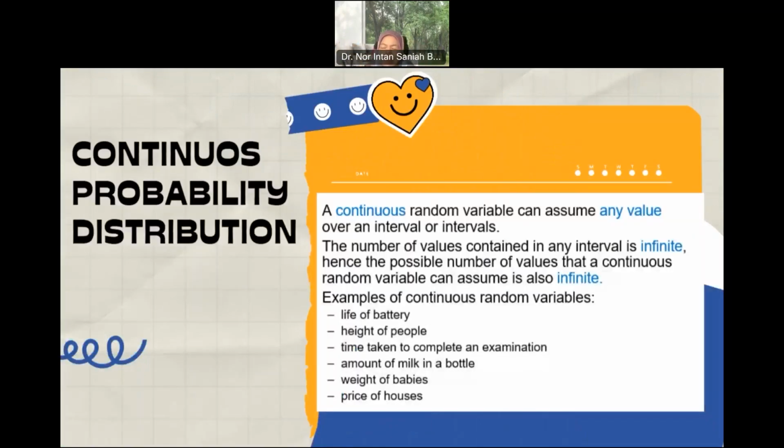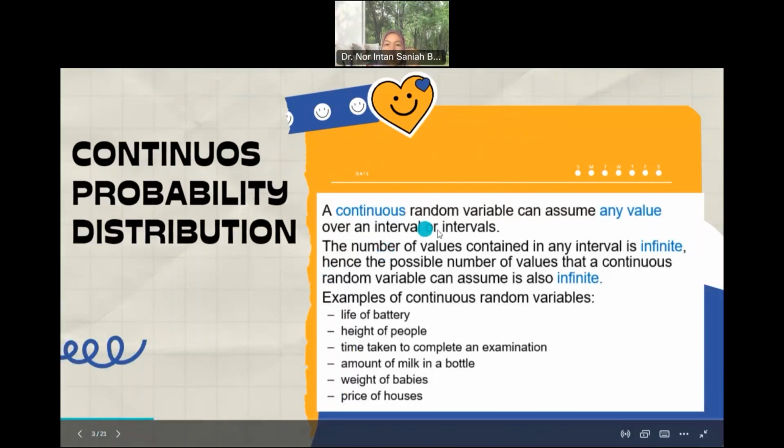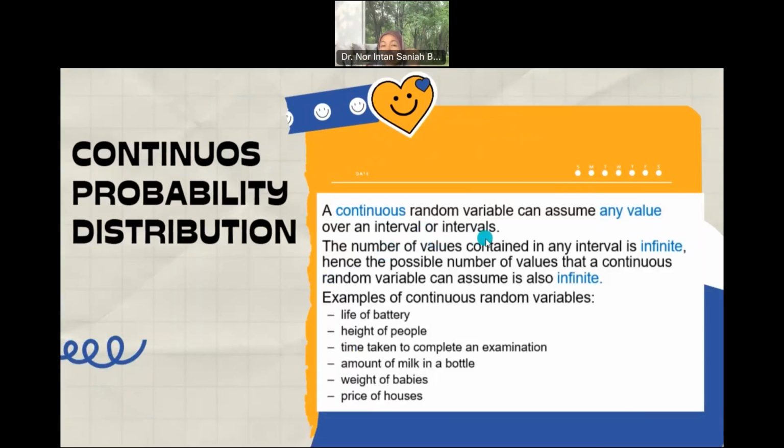As I mentioned previously on the normal distribution, sampling distribution. For a continuous random variable, we can assume any value over an interval or intervals. So the number of values contained in any interval is infinite.